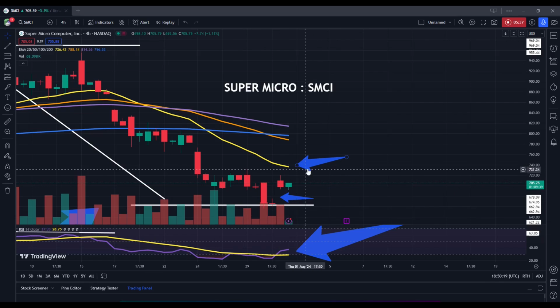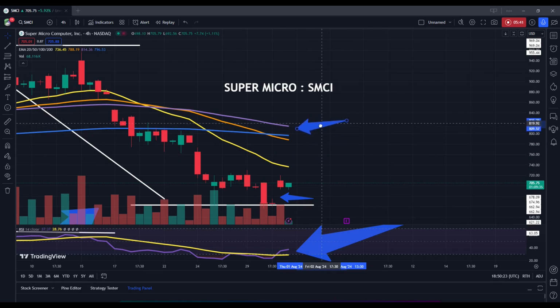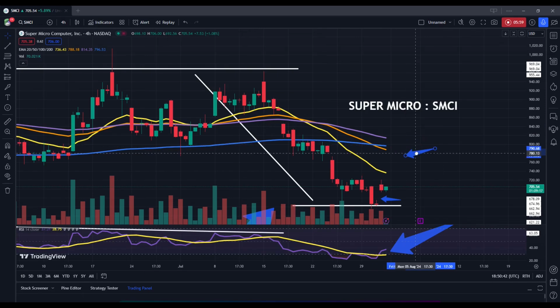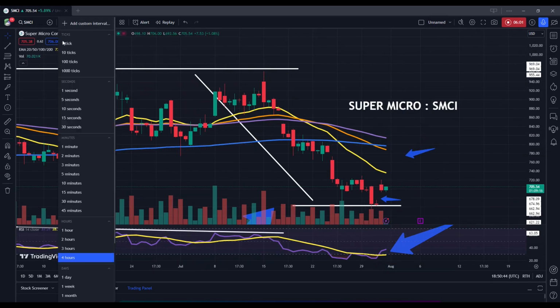So if we are able to see a convincing break above here, we would then be targeting the remainder of this exponential moving average cluster. The top side here currently rests at 815. So we would probably test the upper end of this exponential moving average cluster if we are able to break above this 730 level.